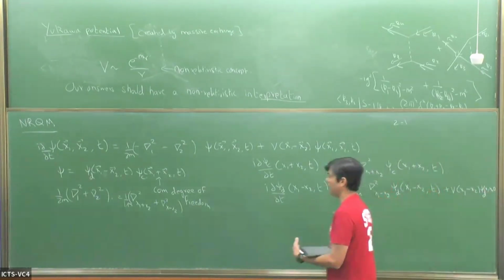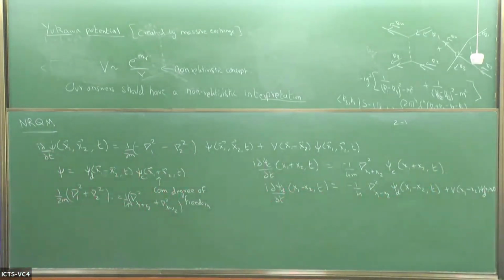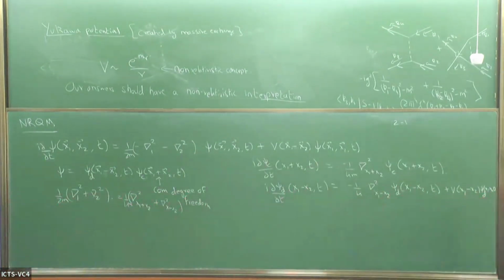Is it clear how we have separated the variables? What I said is that there's a wave function, there's a time-dependent Schrodinger equation, but in fact there are two separate degrees of freedom. One is the center of mass degree of freedom, and it decouples in this setup from the behavior of this difference degree of freedom.